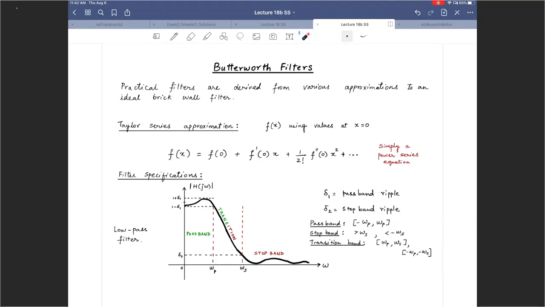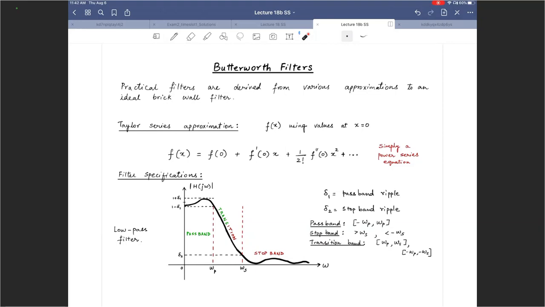So if I do that, the first derivative multiplied by x gives me the linear part in that function. This gives me the quadratic part in the function, and then that gives me a cubic part of the equation and so on. So essentially I'm saying I can represent f of x as a polynomial in x at any value of x. Right here I'm using x equals 0. So I'm going to need this to derive this Butterworth filter.